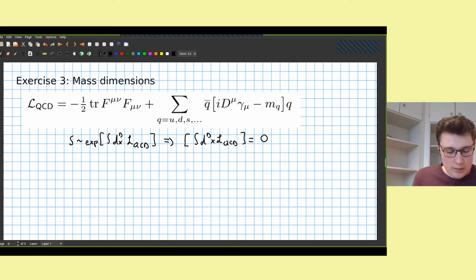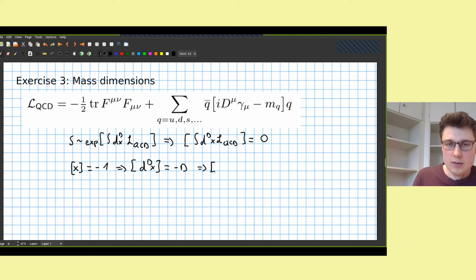And this will give us information about the mass dimension of the Lagrangian, because what we also know is that the mass dimension of a simple space-time dimension is -1, which means that the d-dimensional integral measure of x has mass dimension d.